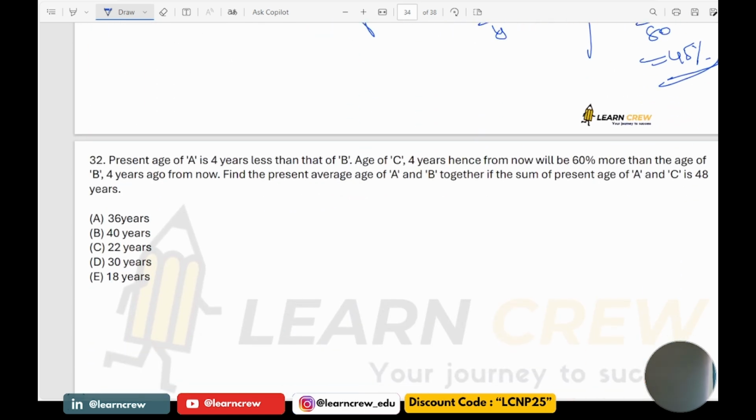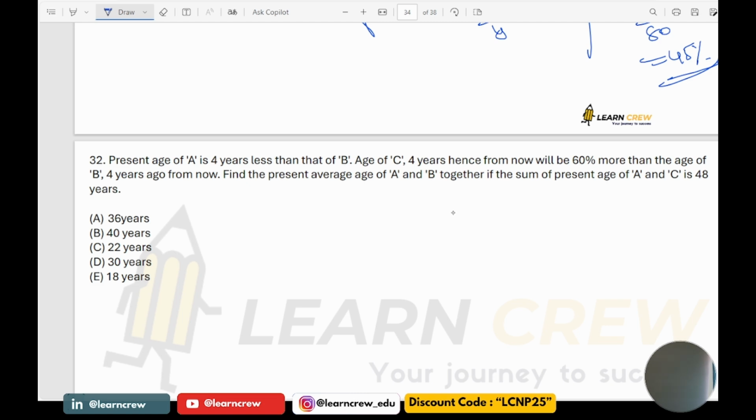Present age of A is 4 years less than that of B. Age of C 4 years hence from now will be 60% more than the age of B 4 years ago from now. Find the present average age of A and B together. The sum of present age of A and C is 48 years.